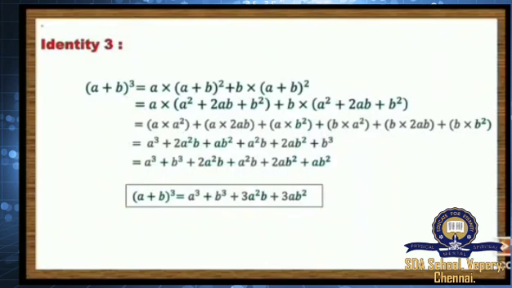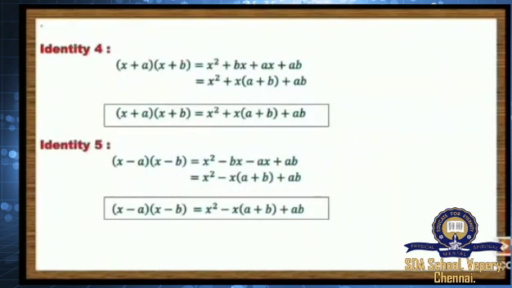So now the next identity is x plus a into x plus b. So if you multiply this x into x, you will get x square. Similarly, x into b is plus bx. So here a into x is ax. Now a into b is ab.